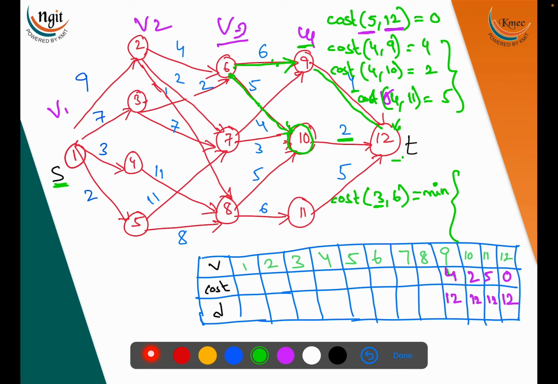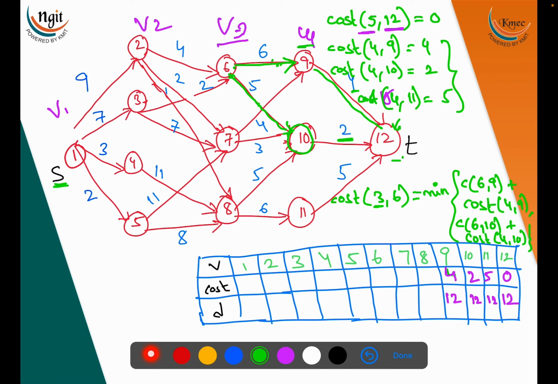So among these two, we have to calculate which is minimum. That's what I am taking: minimum of C of 6 comma 9 plus cost of 4 comma 9, C of 6 comma 10 plus cost of 4 comma 10.